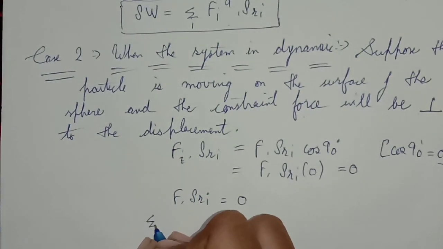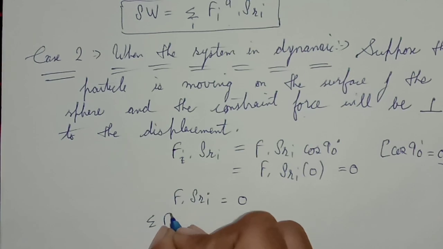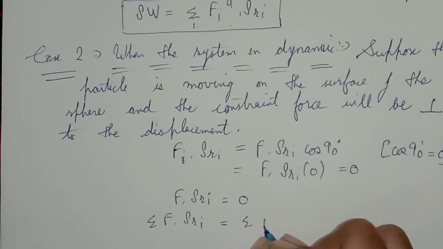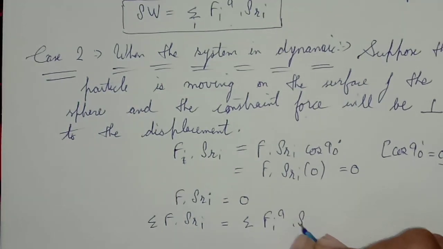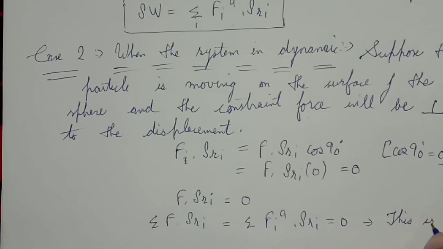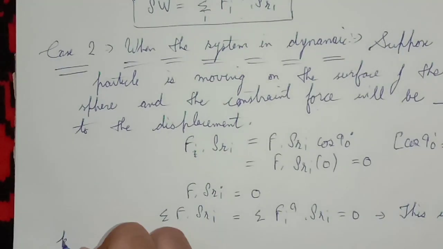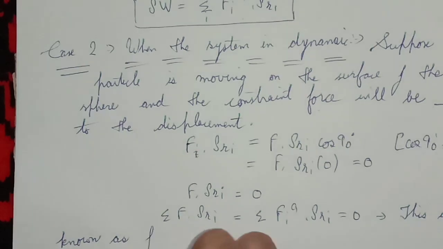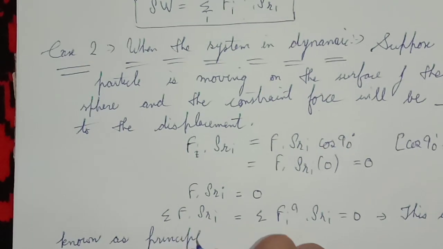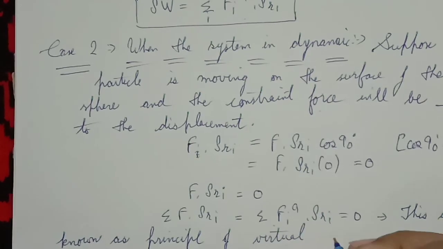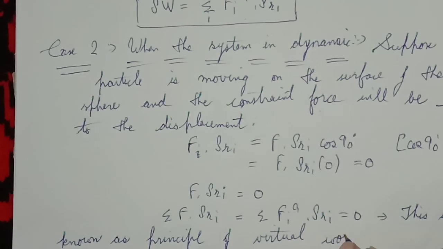So we write this equation in summation form. We get summation F dot delta Ri equals summation applied force dot delta Ri equals 0. So this is known as the principle of virtual work.